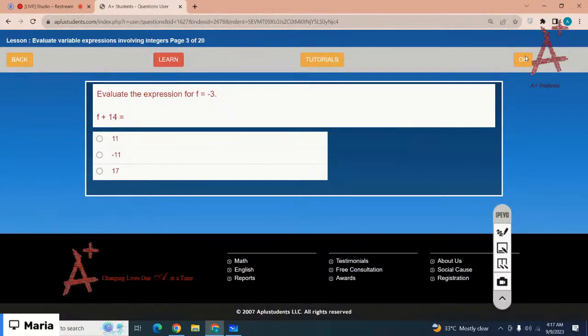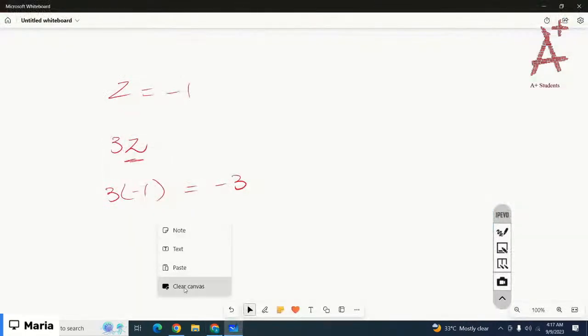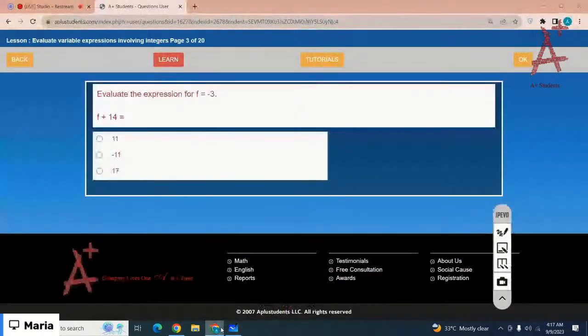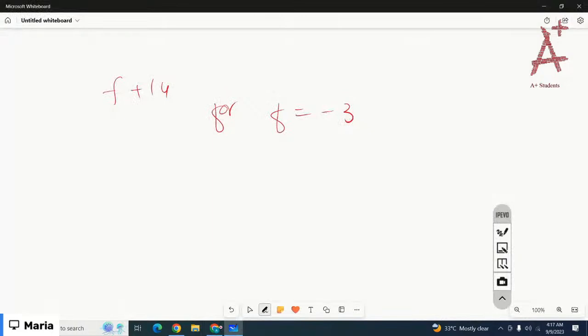Evaluate the expression for f equals negative 3, right? The expression is f plus 14. Just replace the f with the value, so it would be negative 3 plus 14.